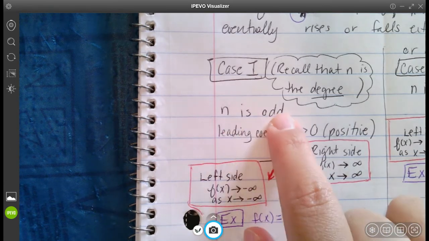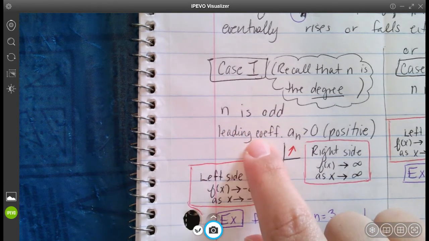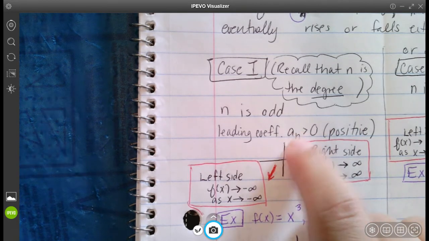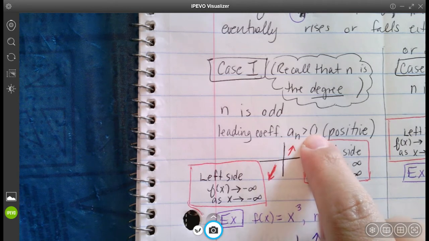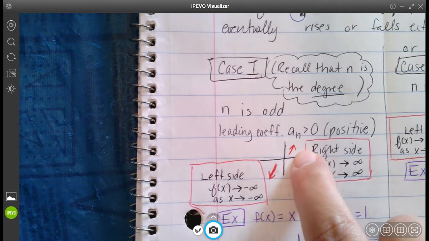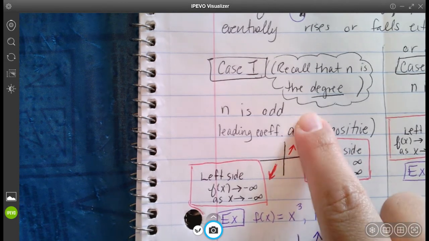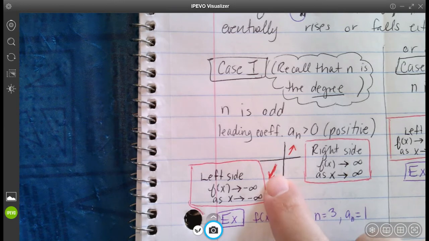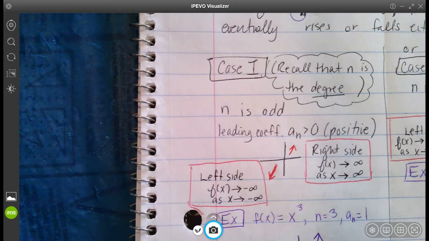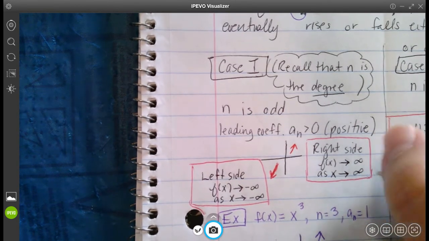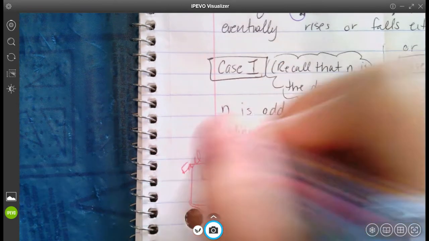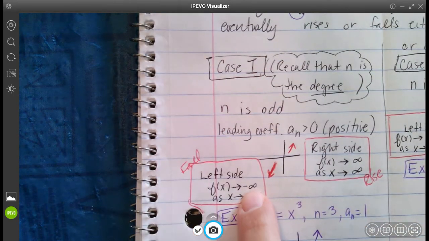So if n is odd and the leading coefficient is positive, a number greater than 0, then on the right side the graph is going up, so it's rising, and on the left side it is going down, so it's falling. This one means rise, and this one means fall because it's going to negative infinity.